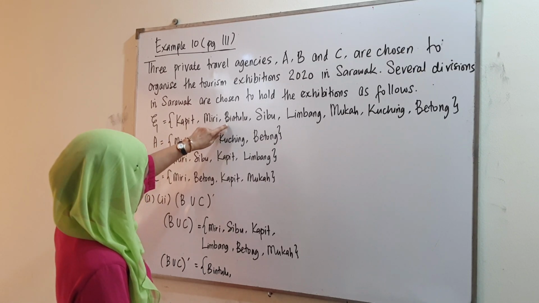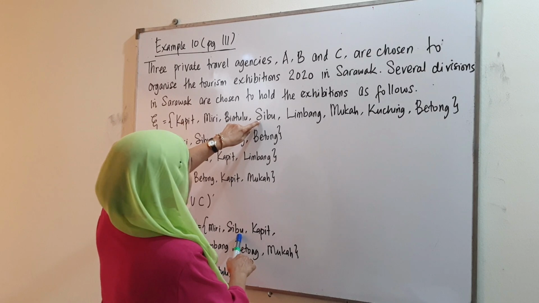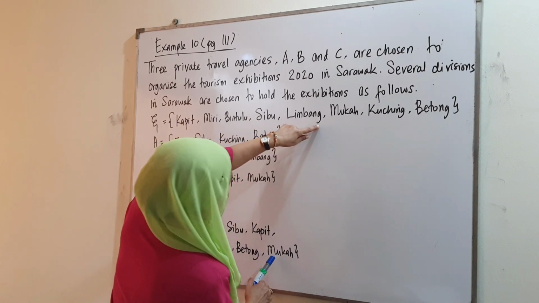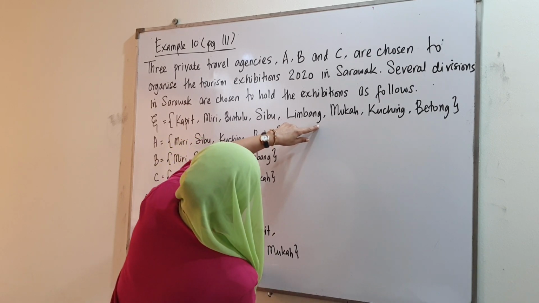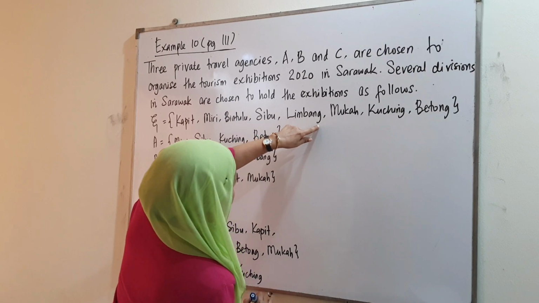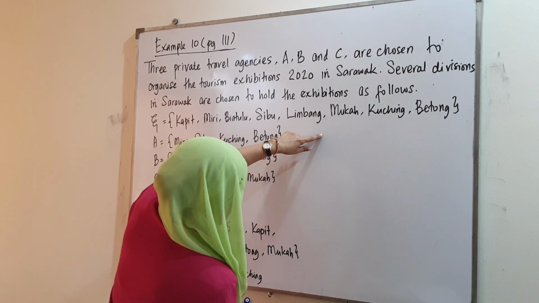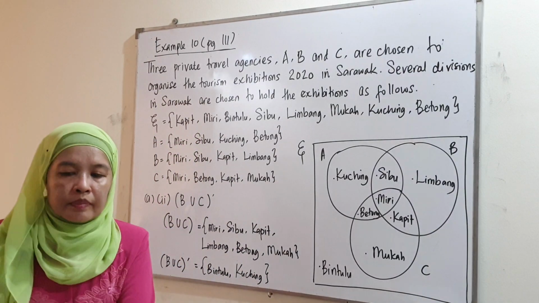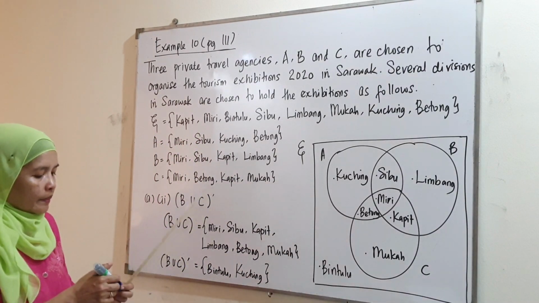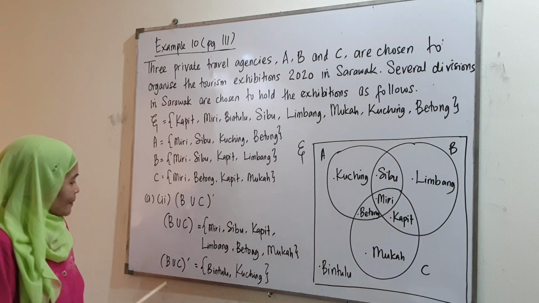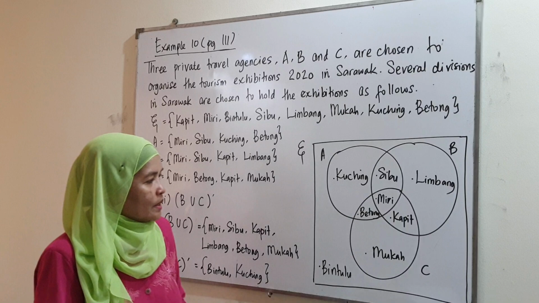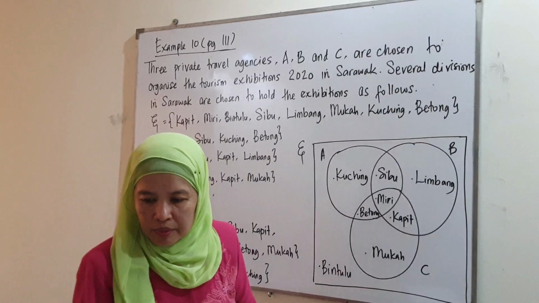And then Sibu has, Limbang has, Muka has, Kuching doesn't have. And then Betong has. So this is the answer. B union C complement is Bintulu and Kuching, so we shade only the areas of Bintulu and Kuching.